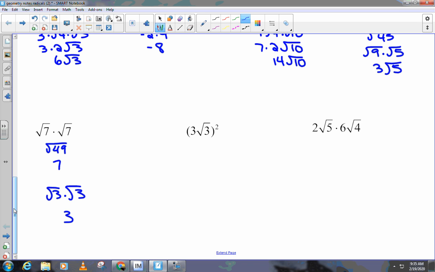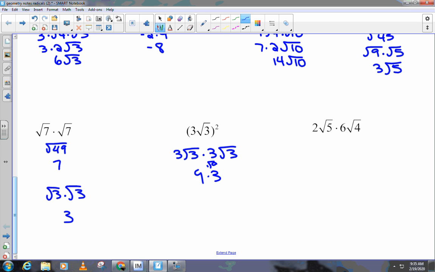Okay. All right, what does it mean to square something? Multiply by itself, right? So in this problem, I have 3 radical 3 times 3 radical 3. Okay? 3 times 3 is 9, because you multiply those coefficients together, because they're outside the radical. Then you multiply what's inside the radical together. What's radical 3 times radical 3? 3.